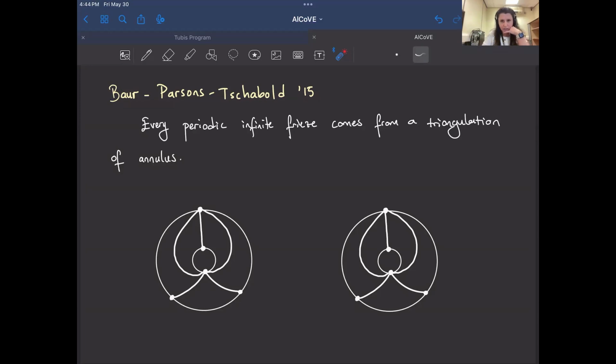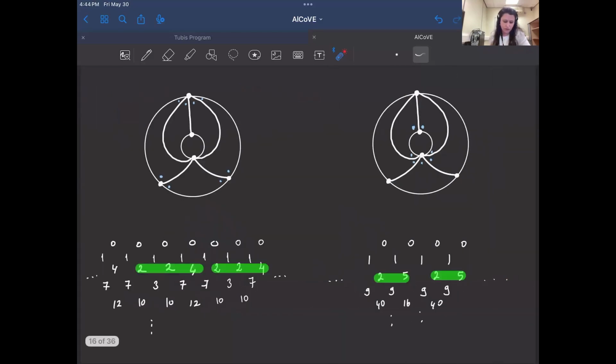They say every periodic infinite Frieze comes from a triangulation of an annulus. So if you take the surface and triangulate it, in this case we will have 2 boundaries, we will get 2 different Friezes, and they will both be infinite Friezes. And for every infinite Frieze, we can actually find a triangulation of an annulus. Yeah, so for instance, let's look at this example.